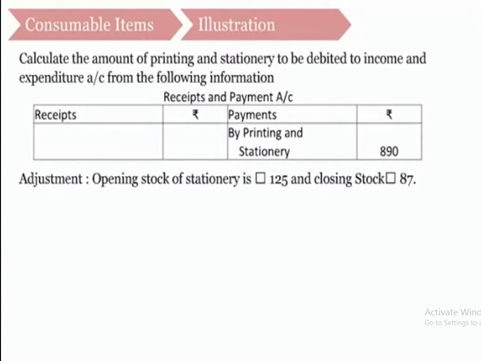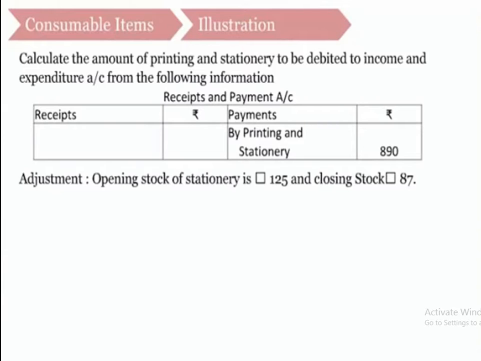In the adjustment or additional information, the opening stock of stationery is 125 and the closing stock of stationery is 87.